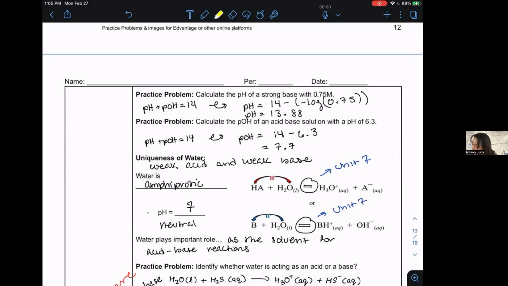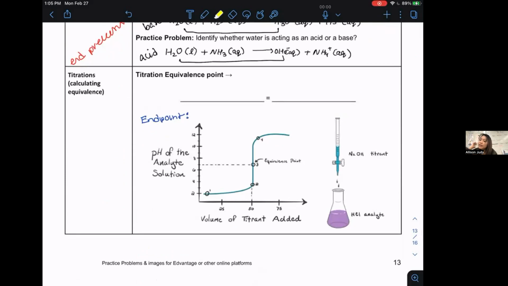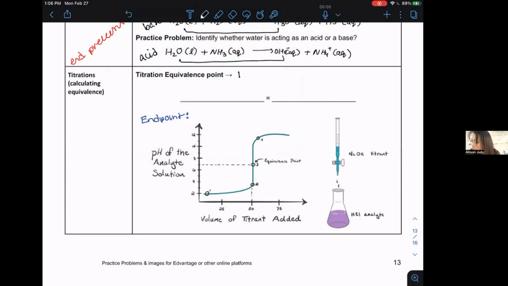Okay. So now let's talk about titration. Titration is a laboratory process, okay, actually, I'm going to write it in the corner over here.